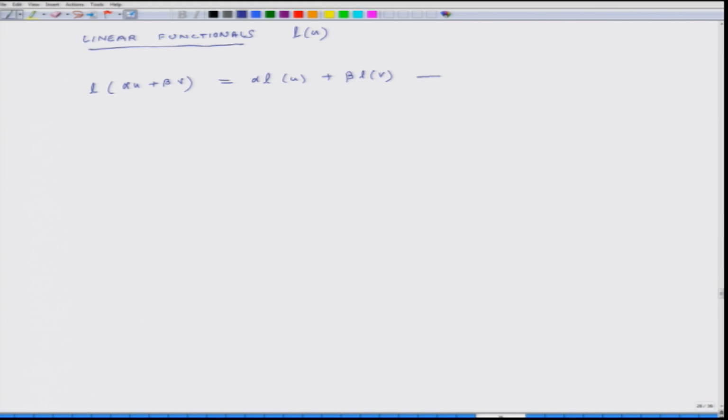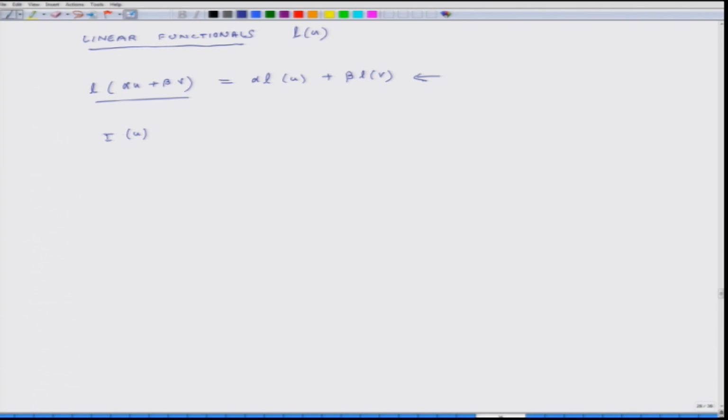So, this is the property which linear functionals obey. Basically, this is the law of superposition. What does it mean? Suppose you have a functional I and it depends on u.